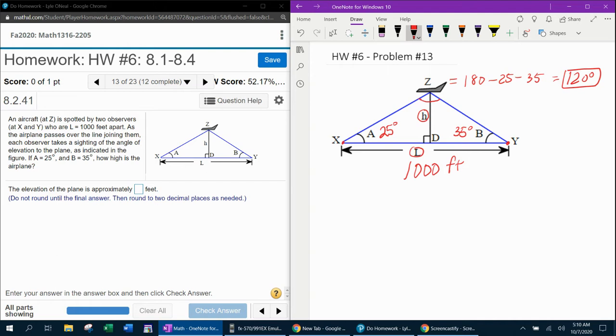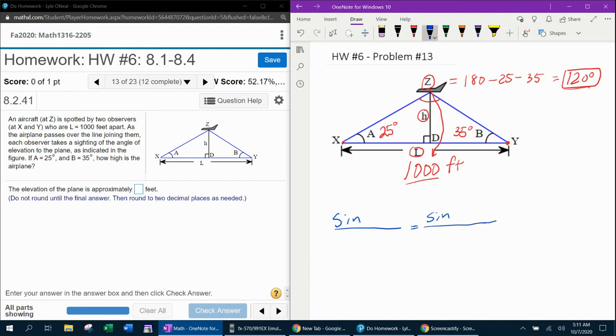Now, what I want you to notice next is that angle Z is across from side L. And since I know an angle and the side across from it, I can use law of sines. And we're using the big blue triangle right now.